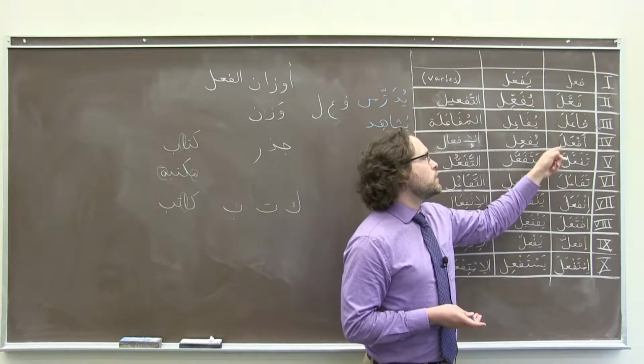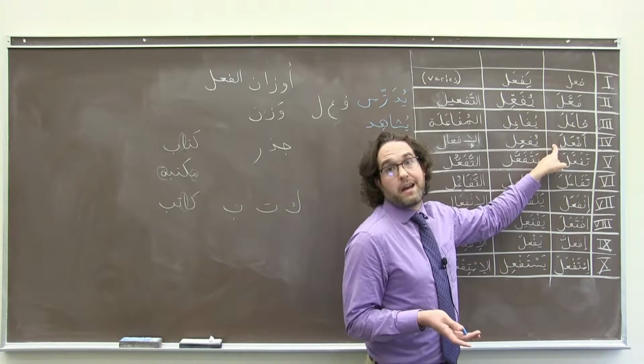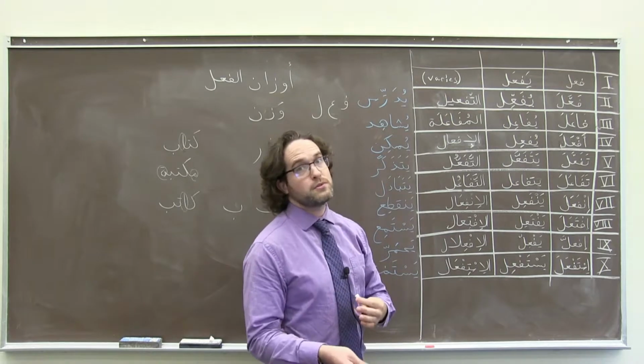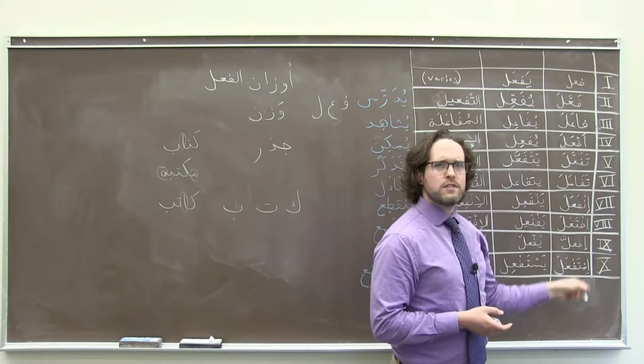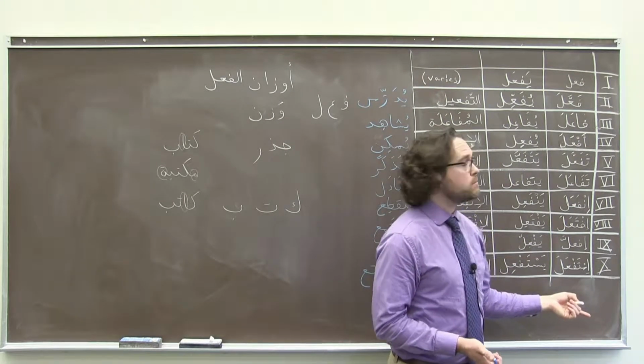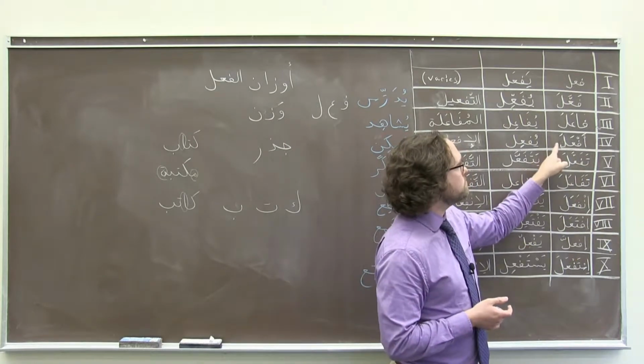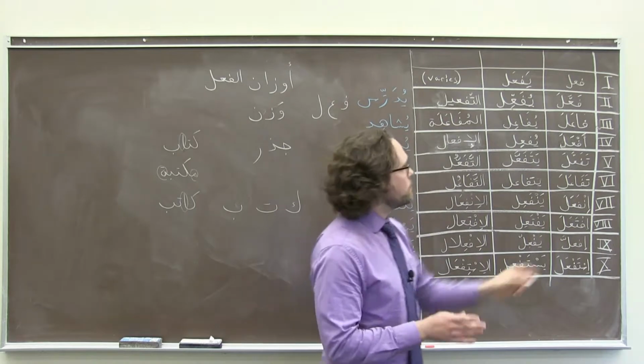So I would call this wazn af'ala, for example. In Europe and North America, there's another different tradition where Roman numerals have sort of been assigned arbitrarily to them. So if someone says pattern four, or wazn four, or wazn af'ala, they're talking about the same thing.